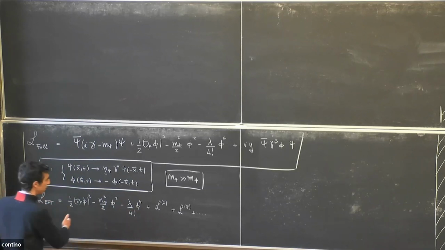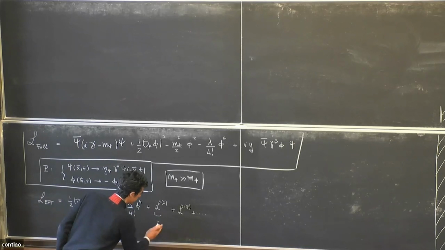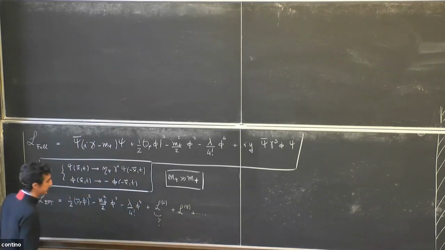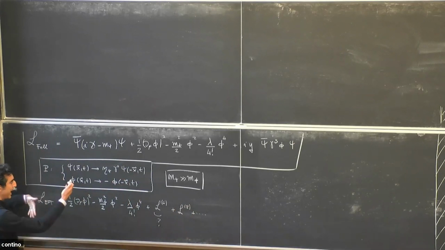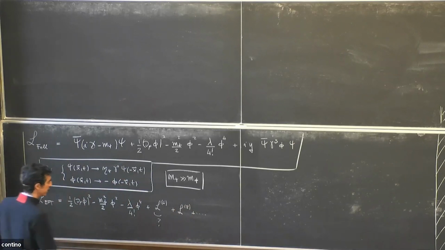Okay, so we have to identify which are the leading operators of dimension 6. We will neglect dimension 8 operators, and then match. Okay, match the two theories.